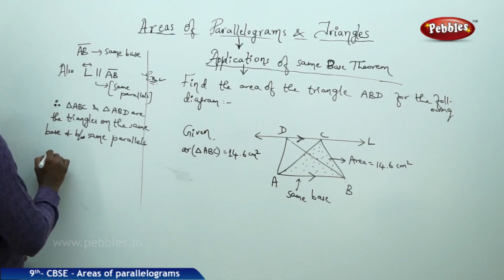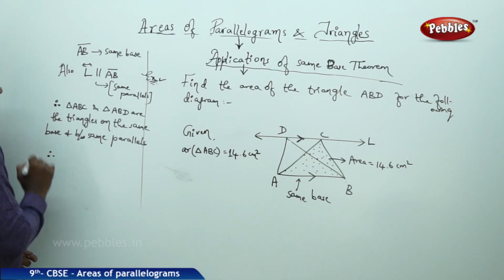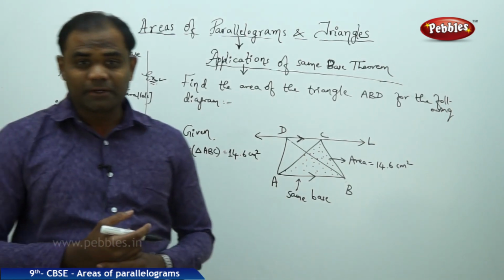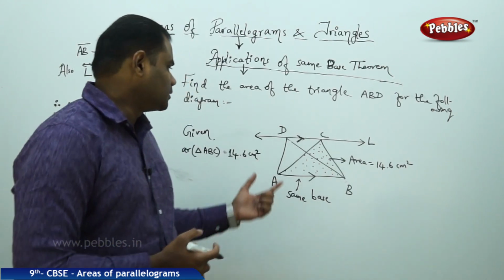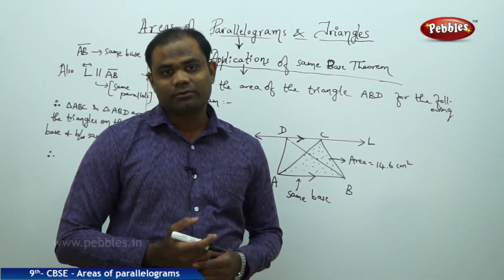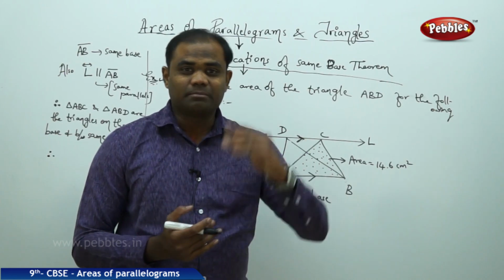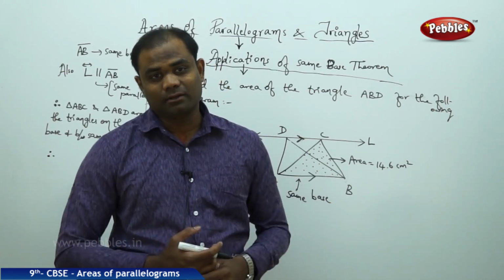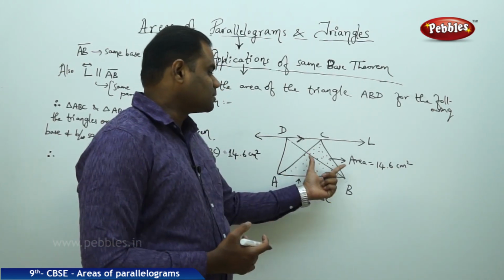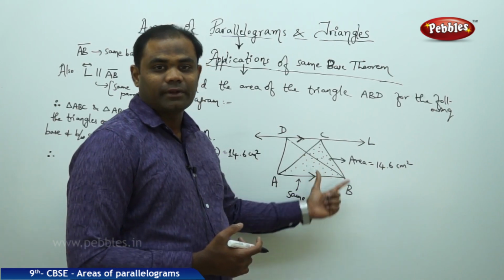Therefore, by the same base theorem, the areas of the triangles are equal. Triangles on the same base and between the same parallels are equal in area. Therefore, the area of this triangle must be equal to the area of the second triangle.